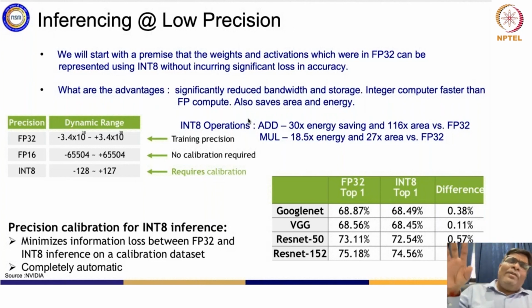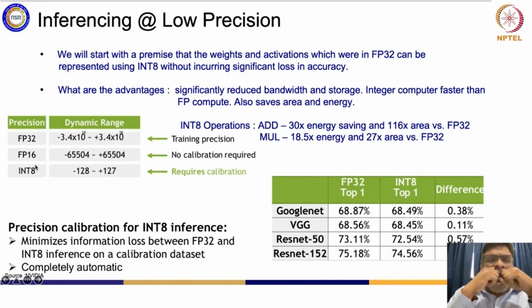What I'm trying to tell you is that if we do int 8 operations at low precision, we can get good inferencing as compared to just using FP32. Now, what does it mean when we say precision from FP32 to int 8? Where is the issue here? The issue is that you are trying to do something called quantization.